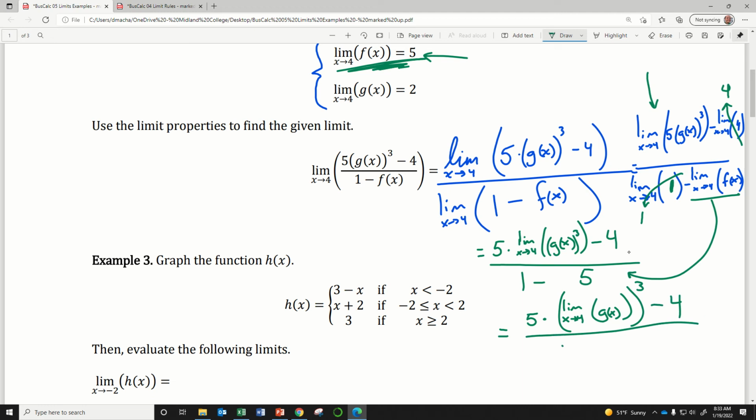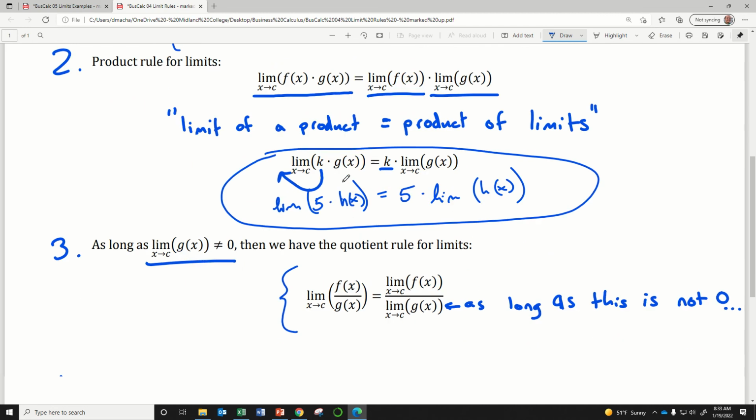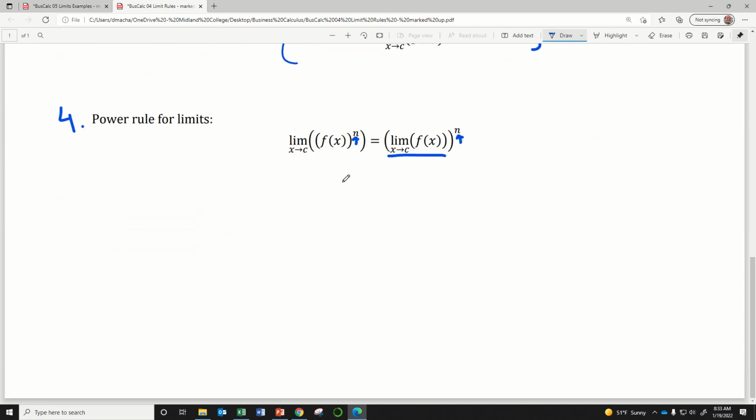So in one moment, oh, by the way, 1 minus 5 in the denominator, 1 minus 5 is just 4. And why could I do that? Why could I bring that cube outside of the limit? Well, actually, that's also one of our limit rules. I called it the power rule for a limit. So when I had the 4th power inside the limit, I could actually just bring that outside of the limit, and it was totally fine.